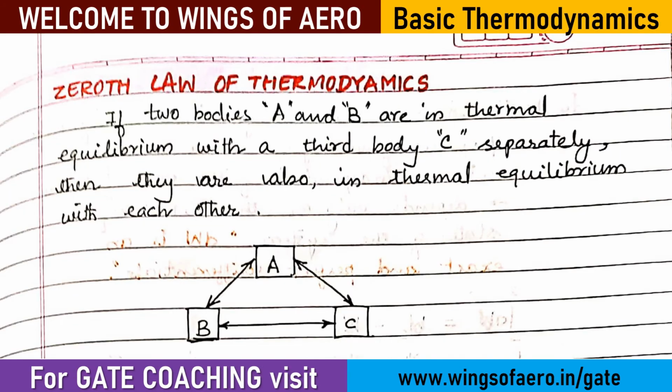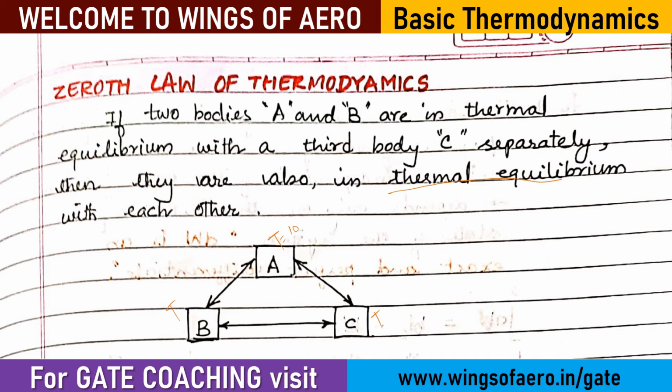Now observe this figure carefully. A is connected with B, B is also connected with A. On the other side, A is also connected with C, C is also connected with A. Now both B and C are also connected with each other. Whatever might be the temperature over here, when all three are connected together, it has to maintain thermal equilibrium at a certain point.